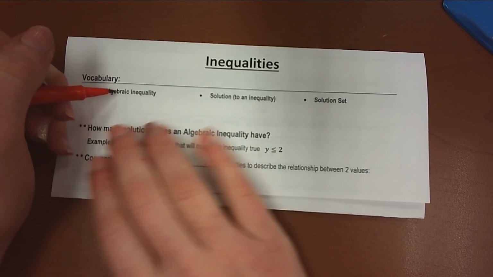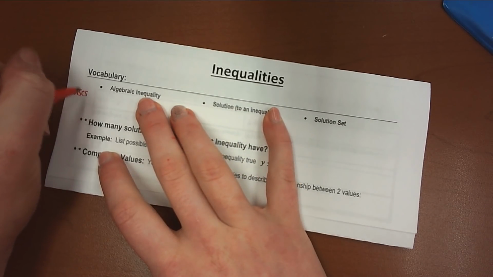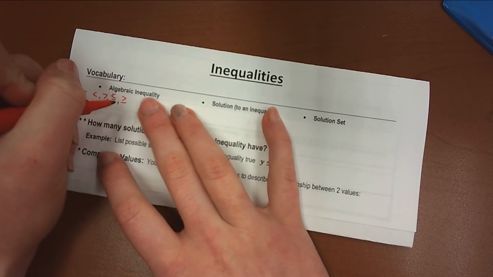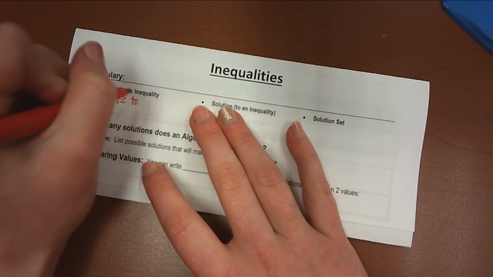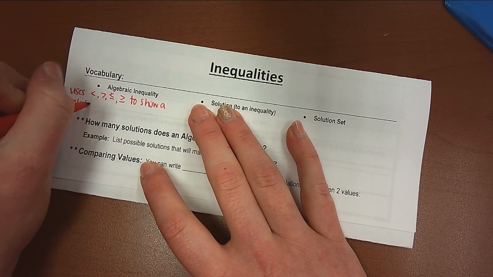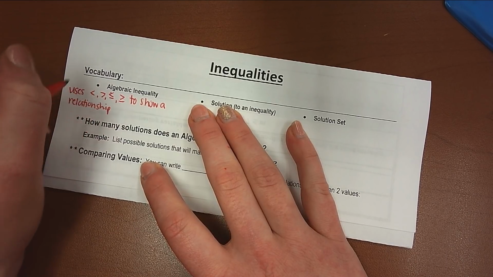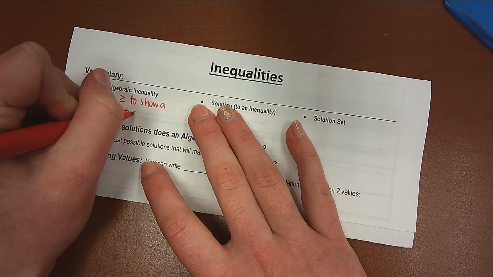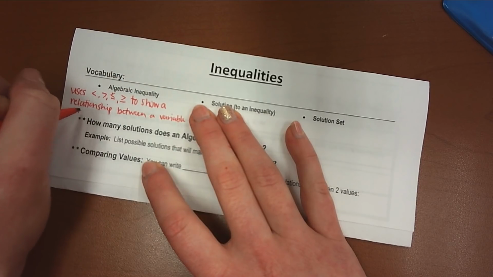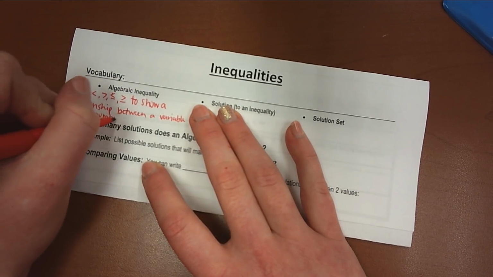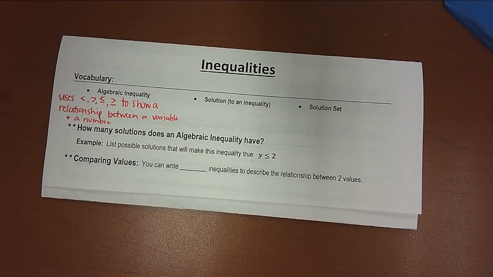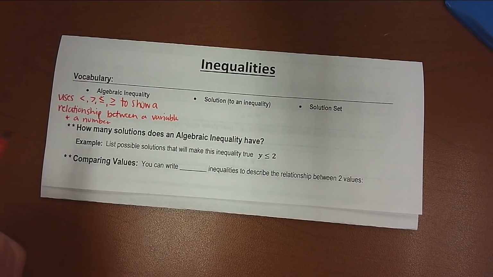An algebraic inequality uses the less than symbol, greater than symbol, less than or equal to, greater than or equal to symbols to show a relationship between a variable and a number.